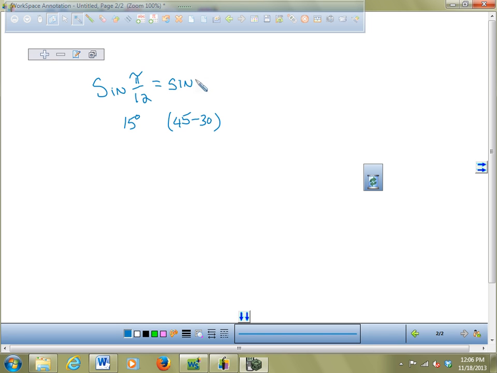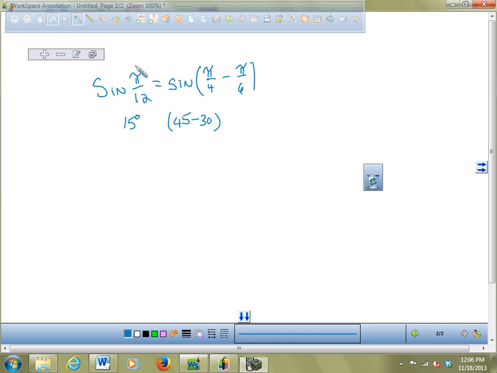So another way I could write this is the sine of 45 is pi over what? Pi over 4 minus pi over 6.